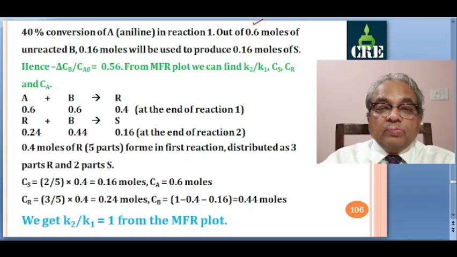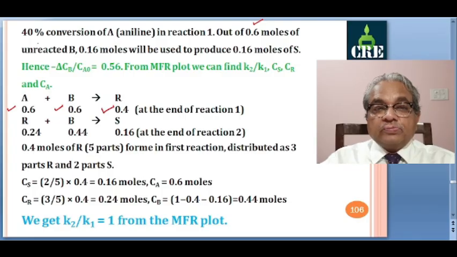In the reaction A plus B giving R, 40% conversion of A means at the end of the reaction, unconverted A will be 0.6, unconverted B will be 0.6 and formed R will be 0.4, because 1 mole of A converted gives 1 mole of R.